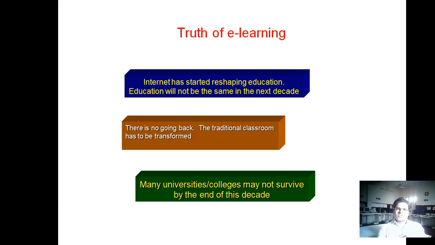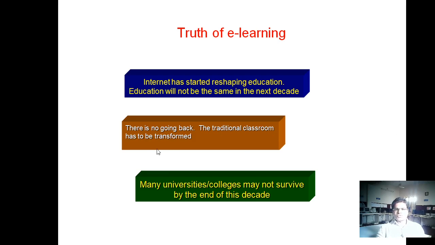When we speak about the truths of e-learning, these are the three basic truths. The internet has started reshaping education, and education will not be the same in the next decade. Means whatever knowledge we are transferring will not be the same in coming years, and there is no going back.